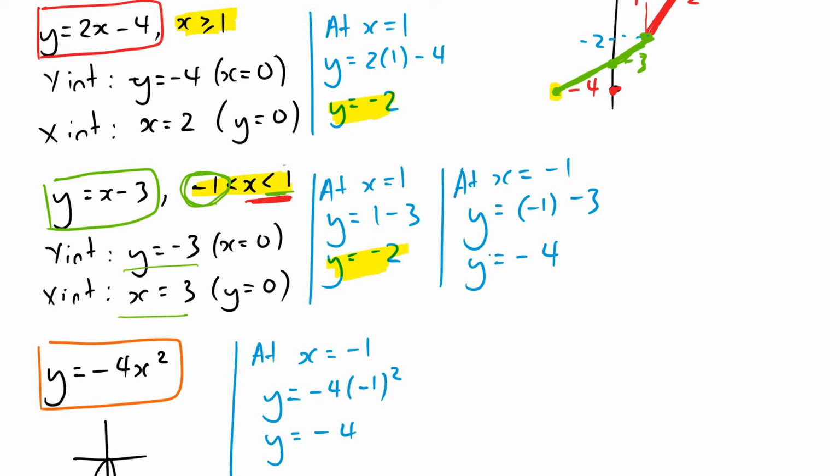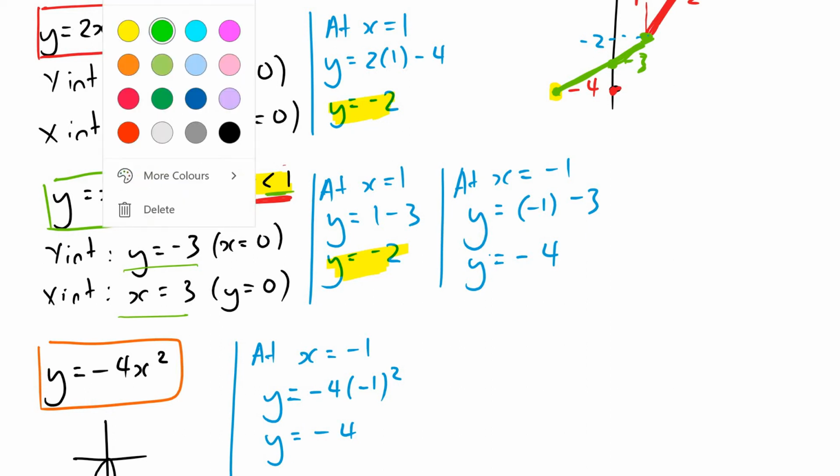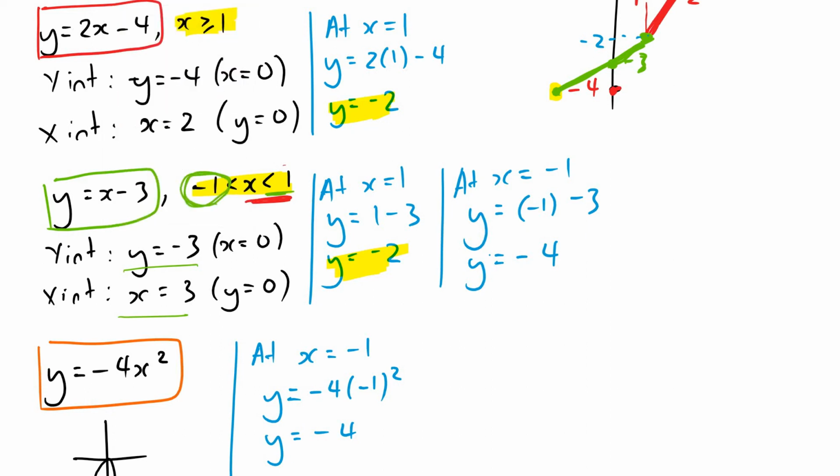Okay, so that means the green graph was at y equals minus 4 before, and the parabola starts at y equals minus 4. So what does that mean? It means that it does start at that endpoint, hence it connects. So what is that going to look like?